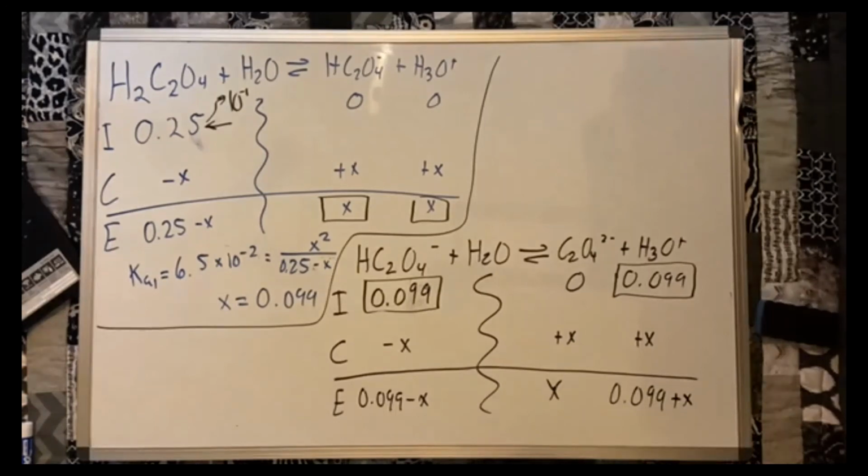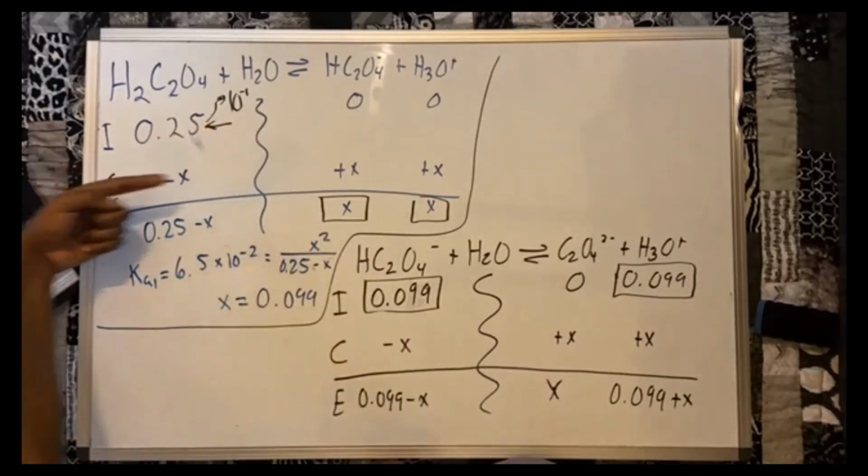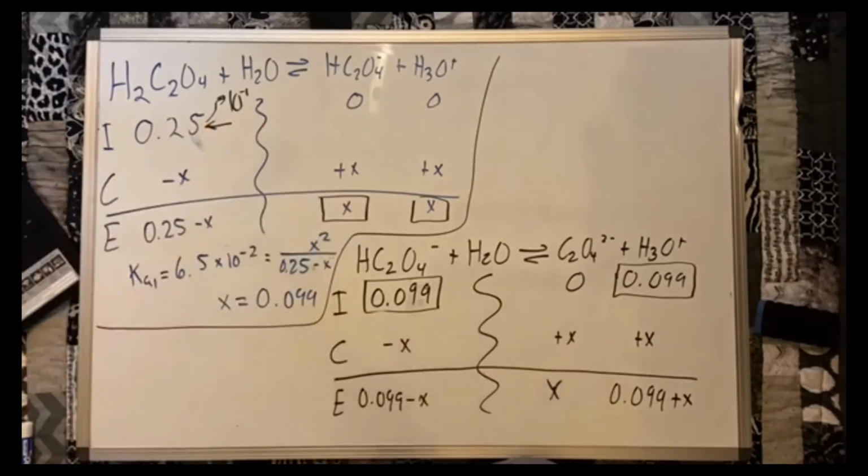Like if you did minus x in the first ice table, you have the same minus x in the second ice table? I think so. In most cases it's going to be the same because you'll never be coming back. With polyprotic stuff, you'll be shifting in the same way. I say most of the time because I feel like there's one example out there that is the counterexample.